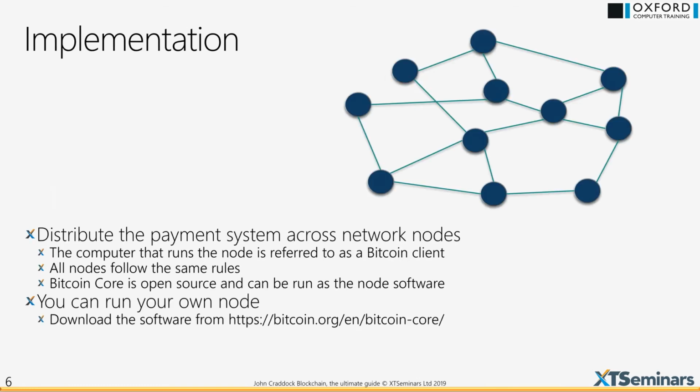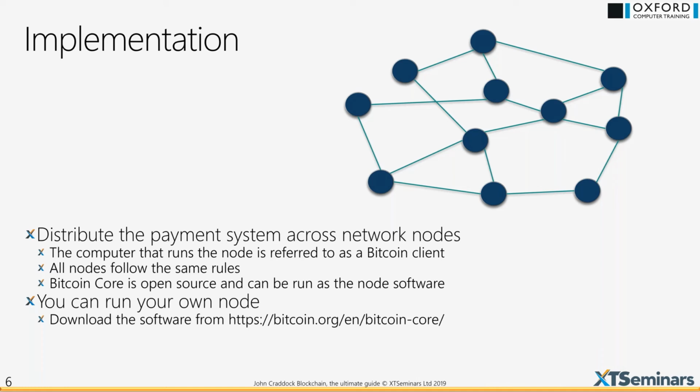The implementation consists of a network of nodes, and all of these nodes talk peer-to-peer. A computer that runs one of the nodes is referred to as a Bitcoin client. The really important thing is that all nodes follow the same set of rules, and all nodes can validate activity on the network.